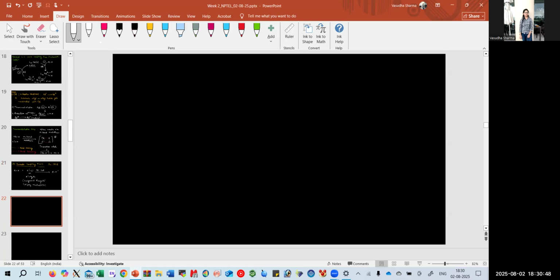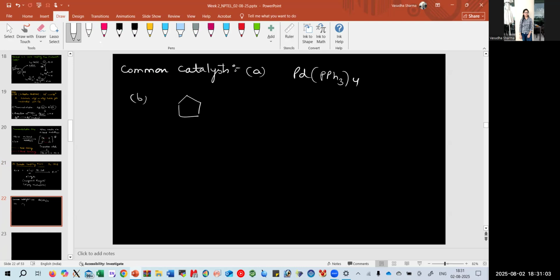So here the common catalysts that have been used are palladium with dppf, the ferrocene with the cyclopentadienyl rings, which has a substitution of PPh2, PPh2, and this forms a bond with palladium.